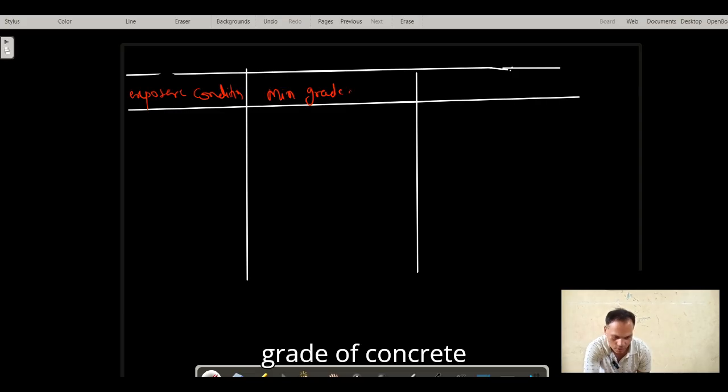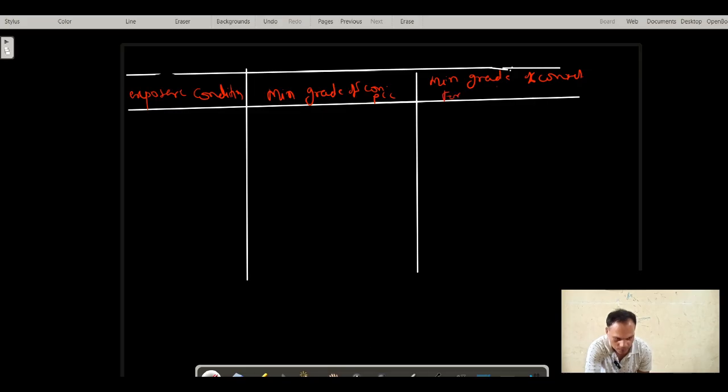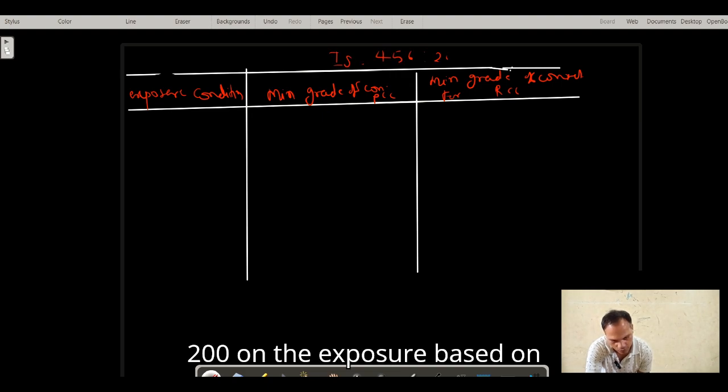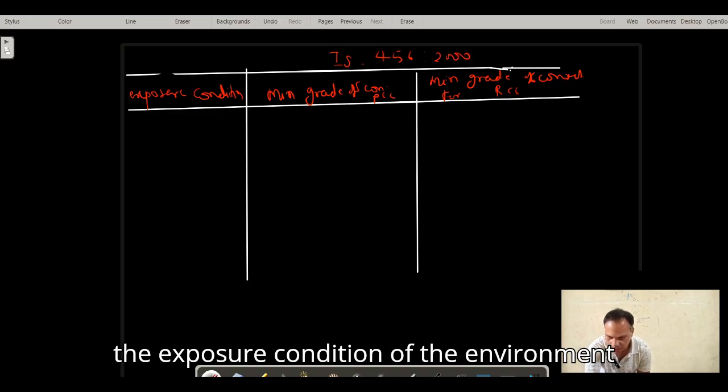Grade of concrete for PCC. Here the minimum grade of concrete for RCC as per IS 456:2000, based on the exposure condition of the environment.